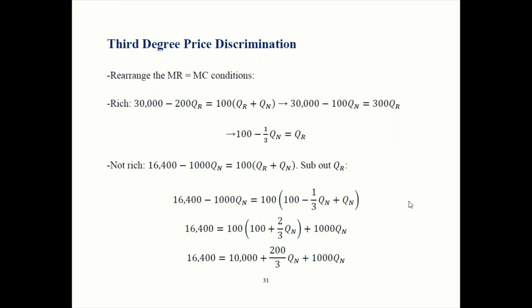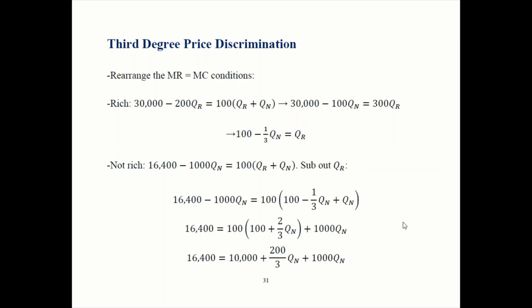So let's do some more algebra. We have minus a third QN plus QN. That's going to be 2/3 QN. So that's over there. And I also pushed that 1000 QN to the other side. So it's going to vanish from this side, that's going to reappear over there.